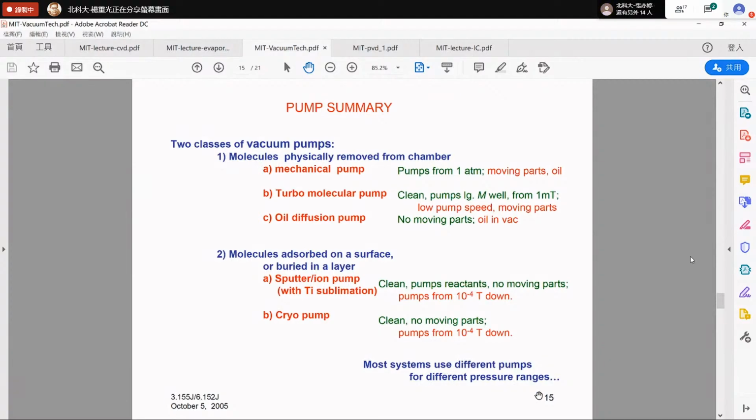I think you should understand that there must be at least two pumps for a high vacuum system.